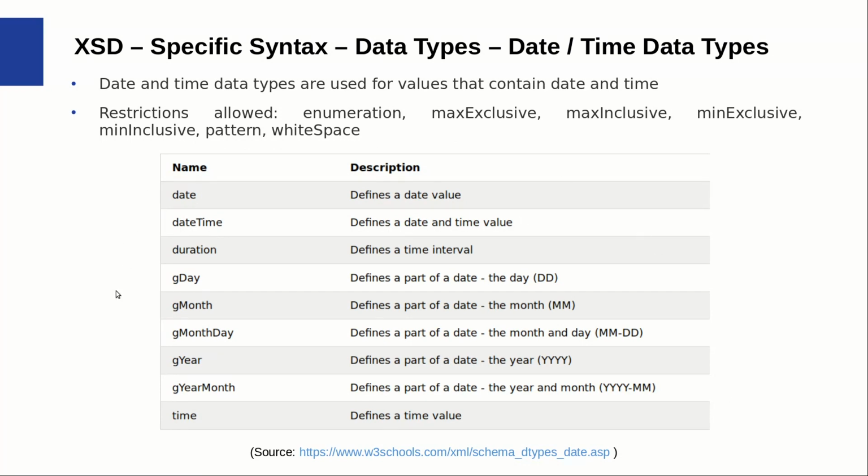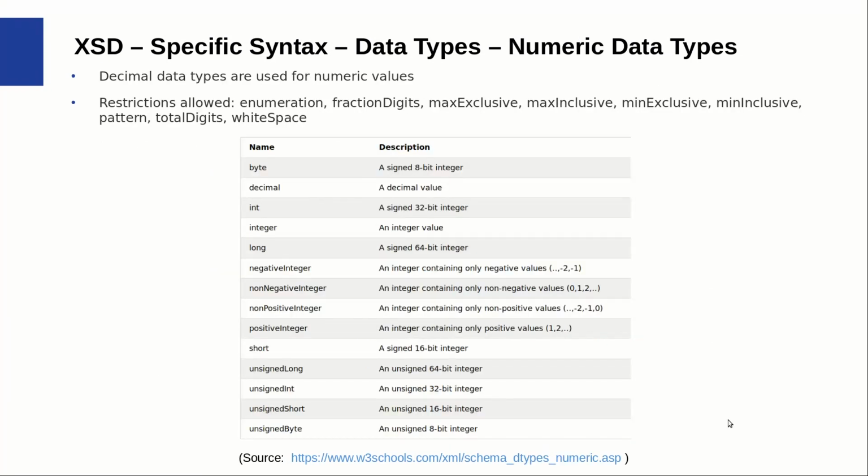So these are all the date and time data types available from the W3C default namespace, and with any of them you can use these facets for further restriction of each type.